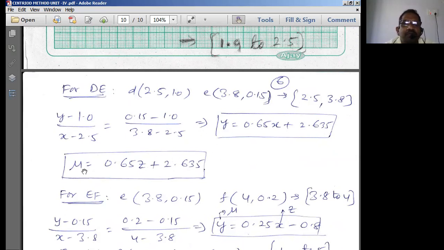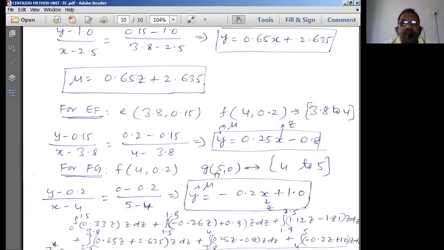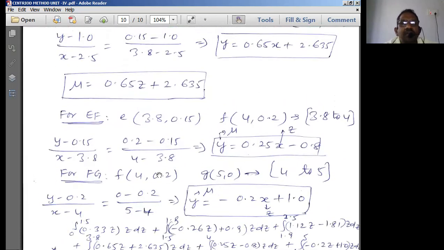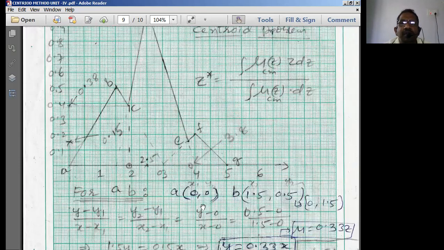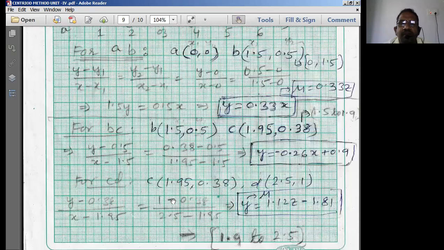So we replace y with mu and x with z. Thereby I can write mu is equal to 0.65z plus 2.635. Exactly the same procedure is applied for EF. E is 3.8, 0.15, and F is 4, 0.2. EF is very small; they are in very close proximity.